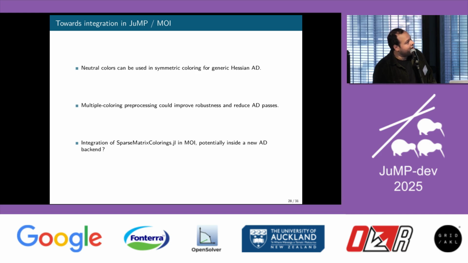Conclusion about what we did in SparseMatrixColoring that can be used in JuMP. We can be smarter if we don't suppose that all the diagonal is non-zero. We can gain something here. We can also potentially, as a pre-process phase, try to do coloring on multiple orderings.